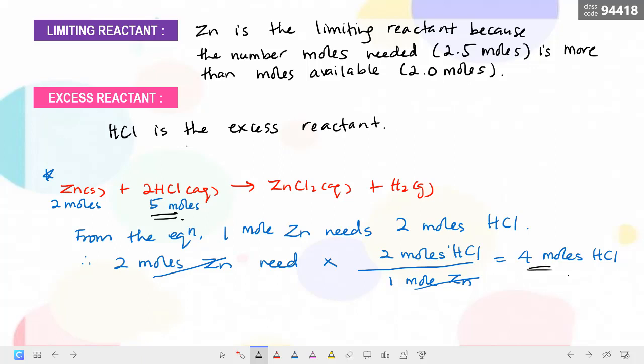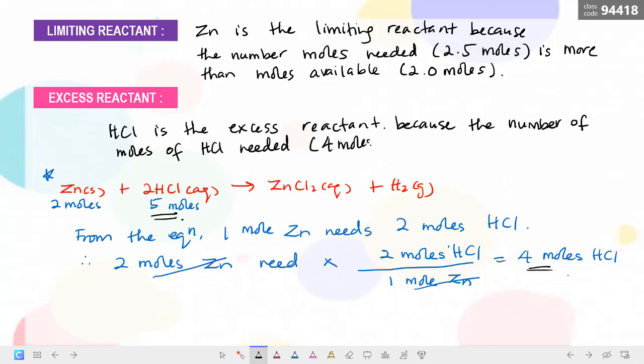So you can write the reason. HCl is the excess reactant because the number of moles of HCl needed, which is 4 moles, is less than number of moles available, which is 5 moles.